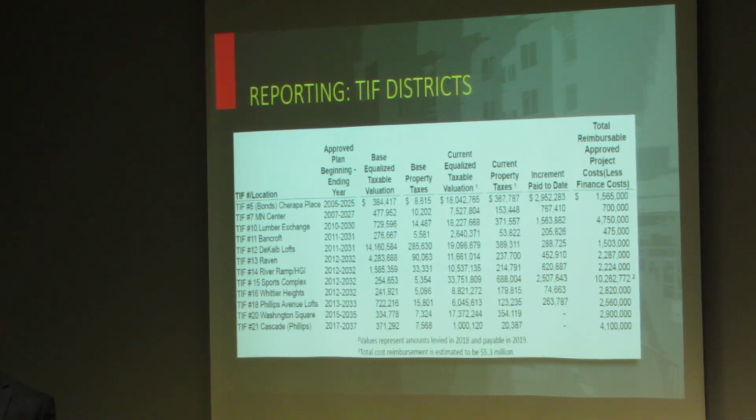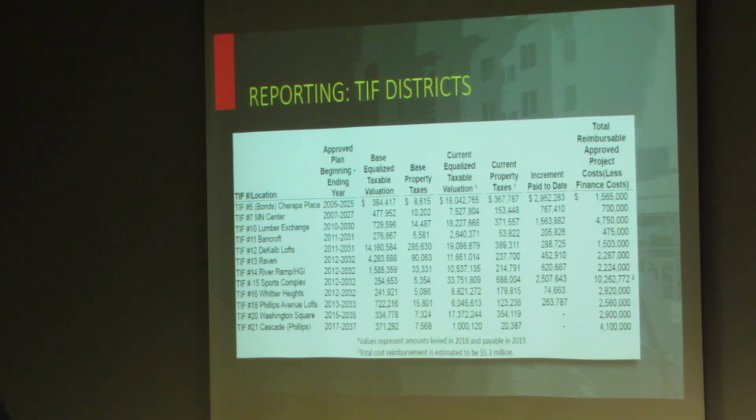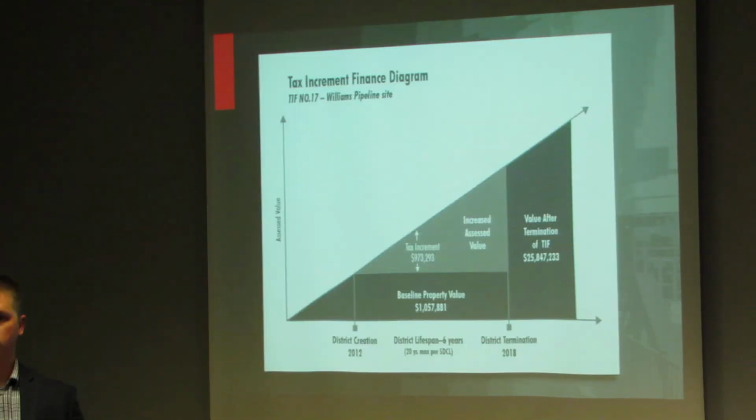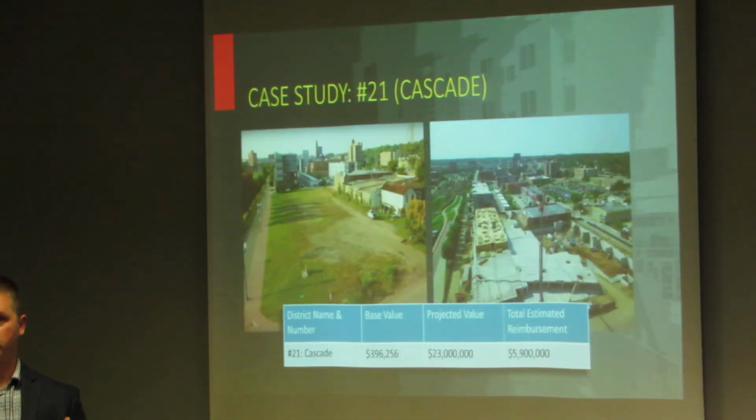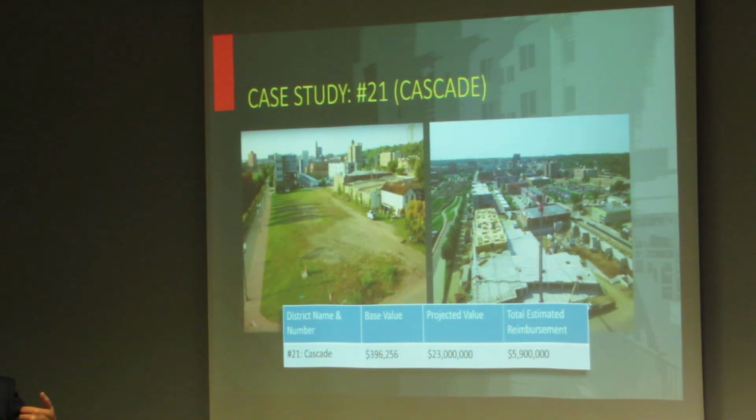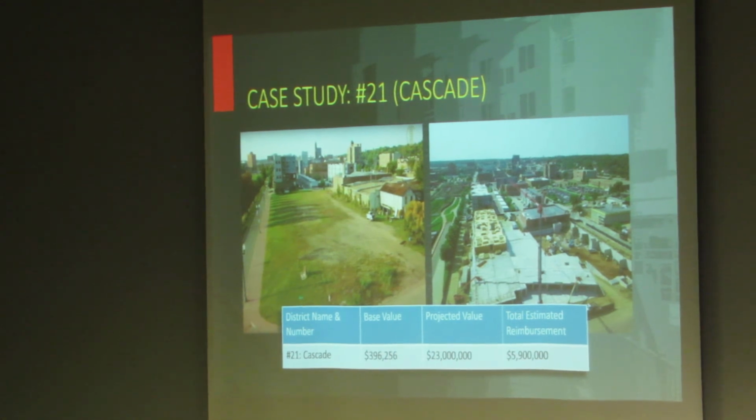So we have gotten a little bit specific in some of them. In the last example, that TIF 21 example, we did an RFP and they committed to building what they said they were going to build. There are some instances where we've sold city property, and in those instances we have required further commitments from them in terms of what they're building.